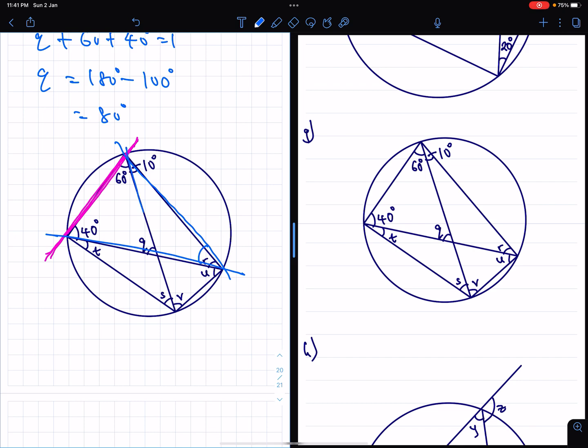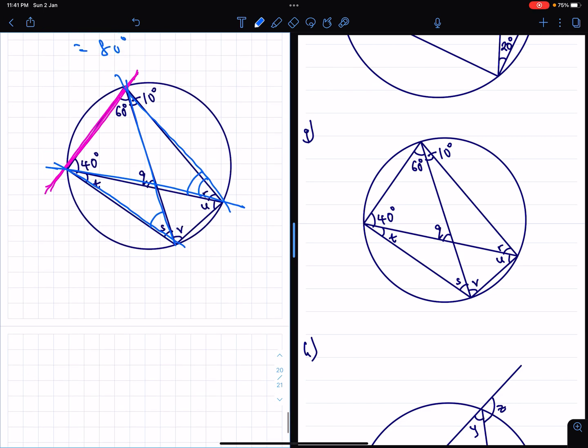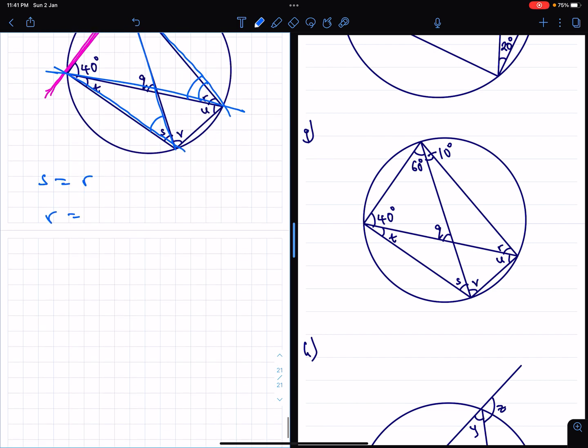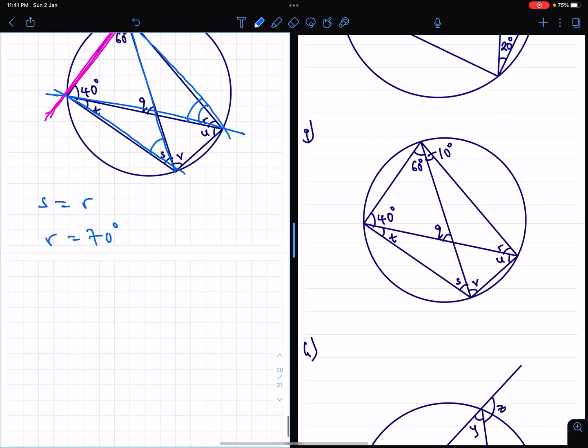This line and this line also form a triangle with the purple chord, so this angle and this angle are in the same segment. So S equals R. What's the value of S? S is 70 degrees, so R is also 70 degrees.